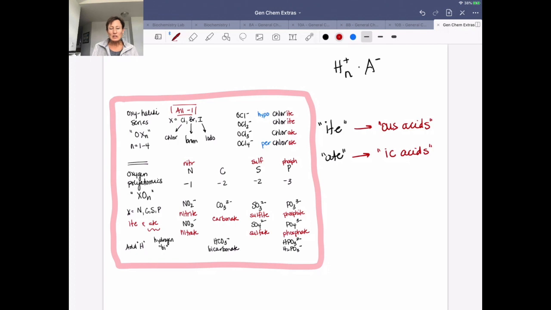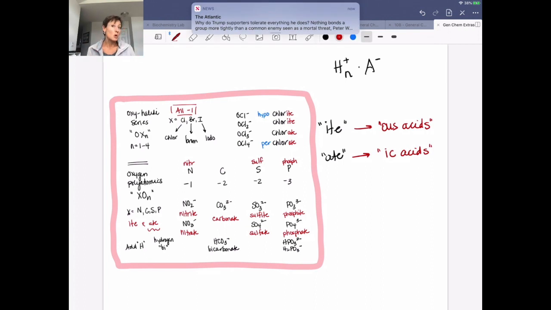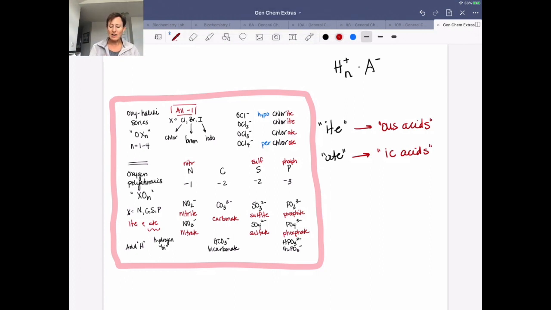And as a little silly way to help you remember this, remember we talked about ate. If you ate something, you're going to feel full, something like that, to help you remember that the ate goes with the larger charge on our ions and so forth. If you want to remember, okay, now I ate something icky, that helps you remember that the ate suffix becomes an IC acid.